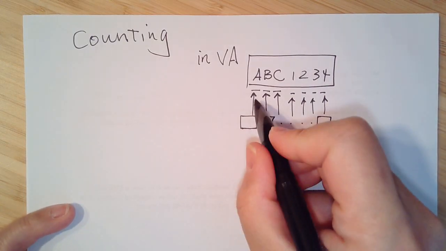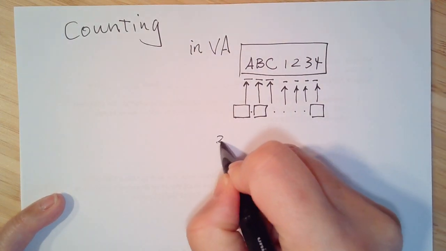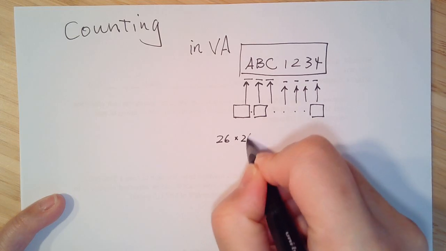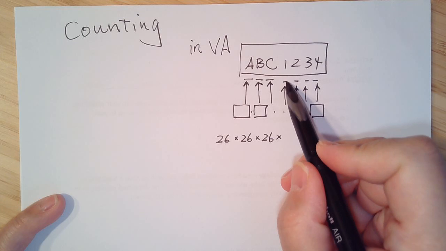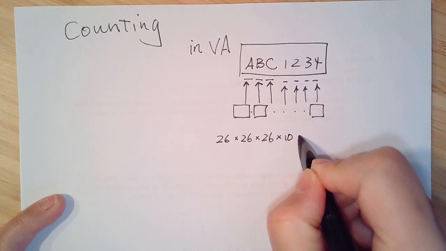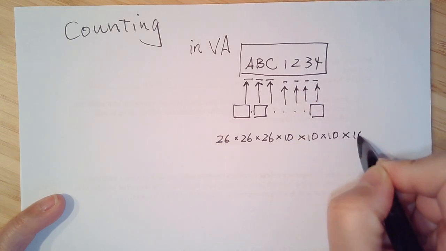For the letters, that's from A to Z, so there are 26 of them. The second place also has 26, and the third 26. And for the digits, it could be 1 all the way to 9, and 0, so there are 10 possibilities. And here 10 and 10 and 10 and 10.